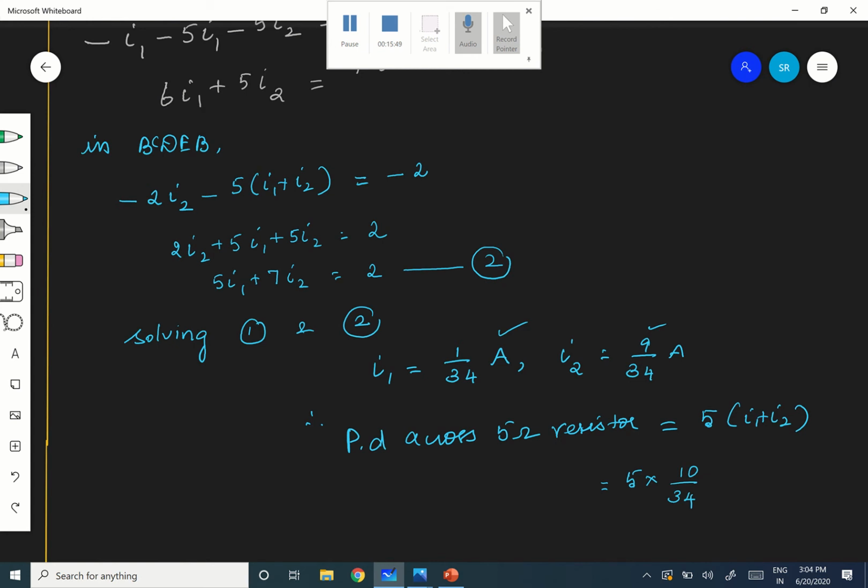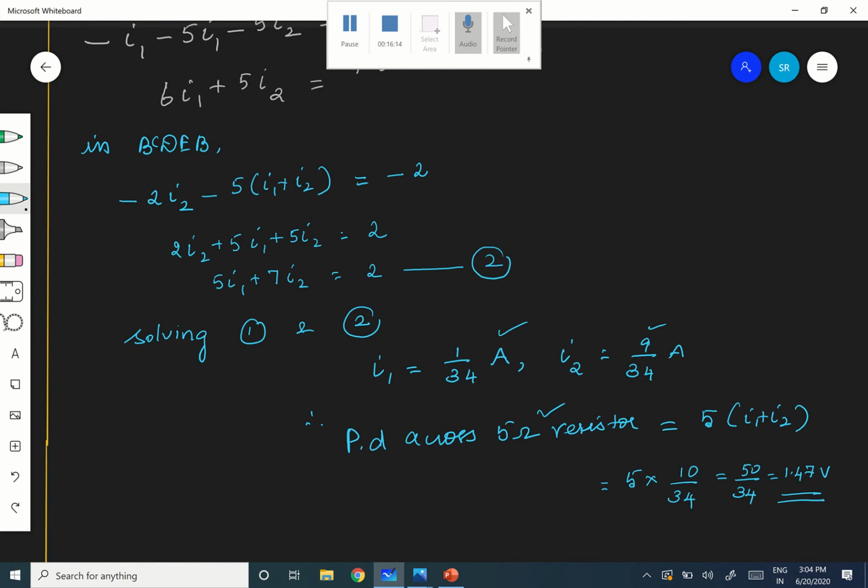Are you following, children? Therefore, it is 50 by 34. 50 by 34 means it is around 1.47 volt. So the potential difference across the 5 ohm resistor is 1.47 volt. Is it clear? So that is all about this problem we have solved.